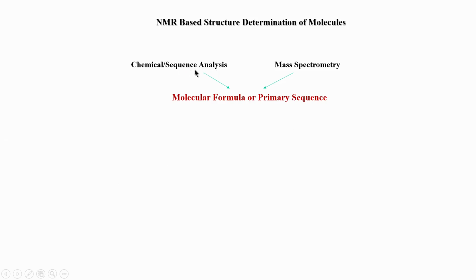Once the protein sequence is known, and if you know the mass of the protein, for example, from mass you may know whether it is a multimer, monomer and so on, you can now generate a possible molecular formula for the protein or a molecule. So, this is what is written here: you need to know the primary sequence for the protein case, or you need to know the molecular formula for a small organic molecule.